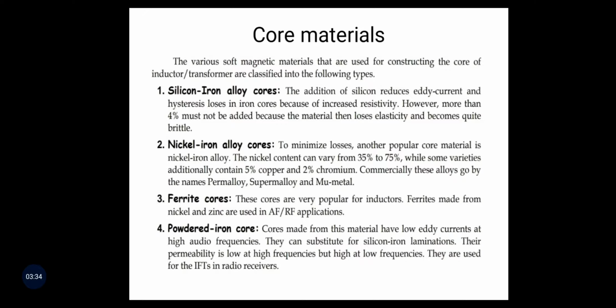These alloys go by the names permalloy, supermalloy and mu metal. Next we are discussing ferrite cores. These cores are very popular for inductors.